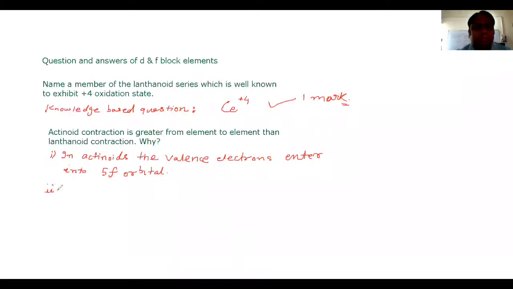Second, in lanthanoids, the valence electrons enter into 4f orbital.